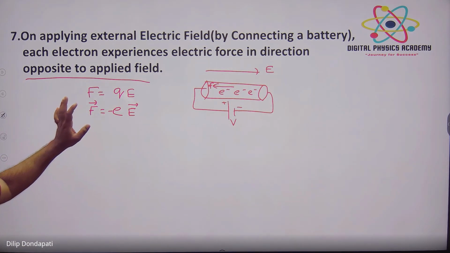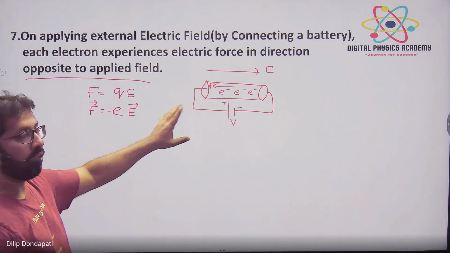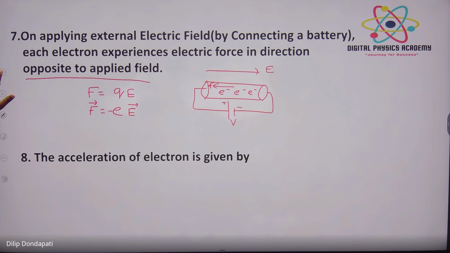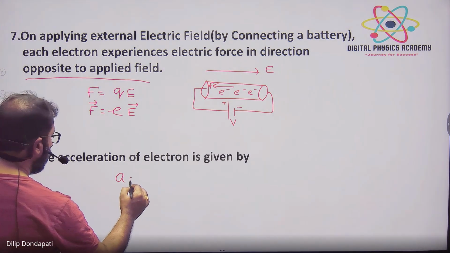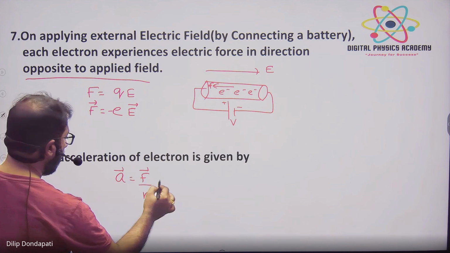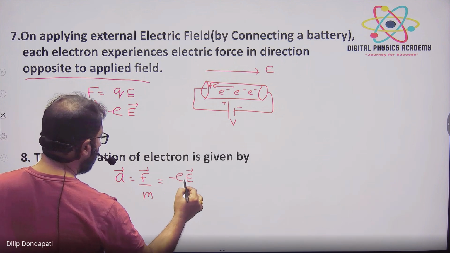This much force is acting when you apply a battery, when you apply an external field, this much force is acting on the electron. Because of that, what will happen? When there is a force, definitely there is an acceleration. Acceleration is equal to force upon mass, and the force you already know, so minus eE by m.